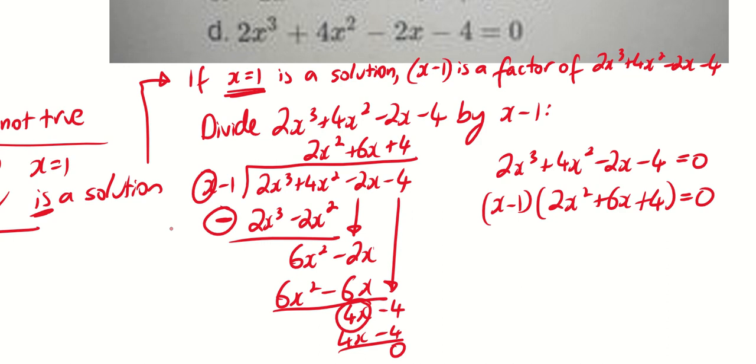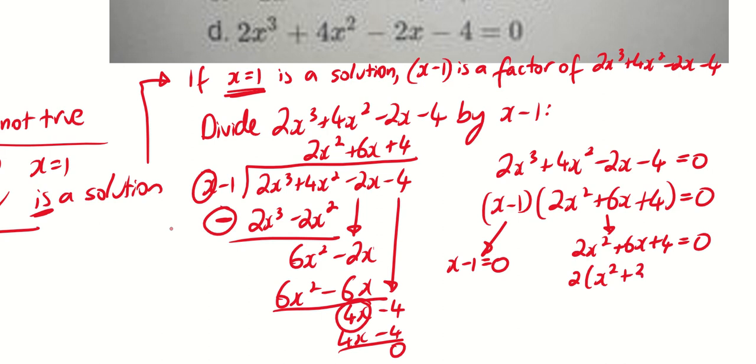And then thankfully this is factorized just like with your quadratics. You can then say x minus 1 equals 0, or this quadratic equals 0. I can factor out the 2. And then I can actually factorize this quadratic as well.